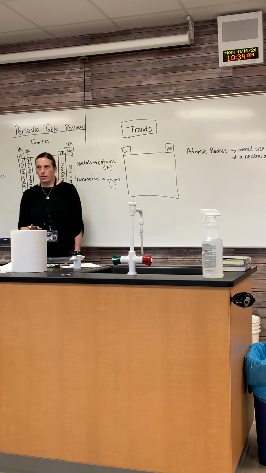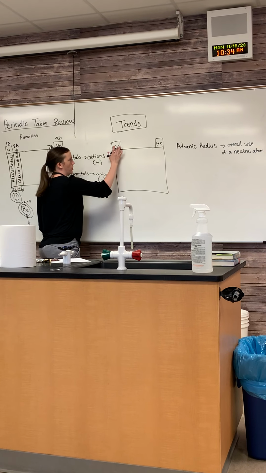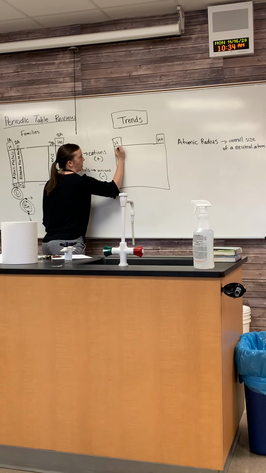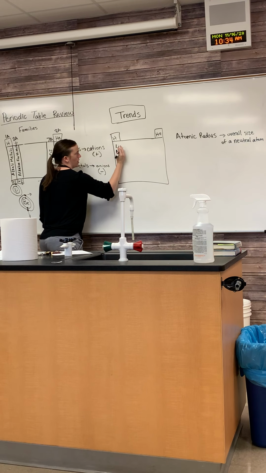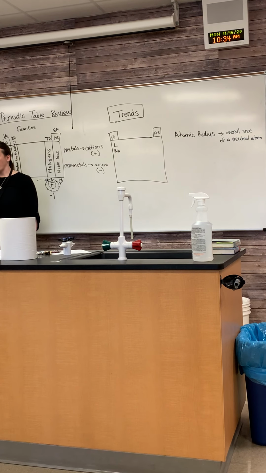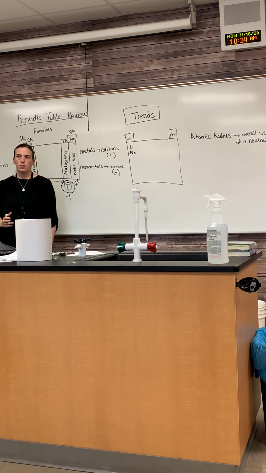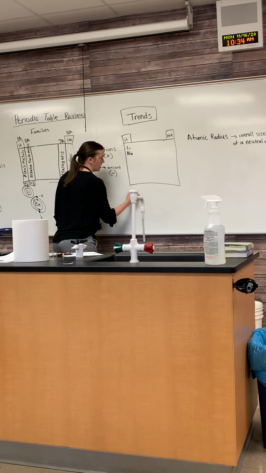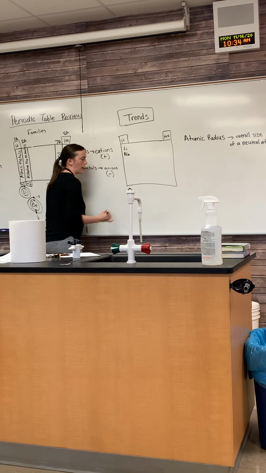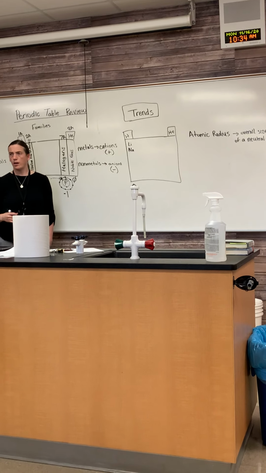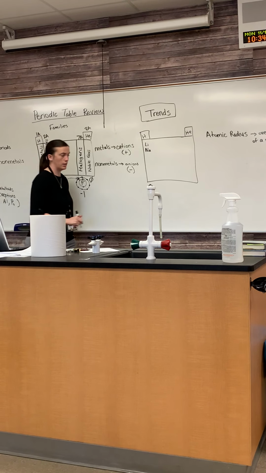When we're looking at the periodic table, here we have hydrogen, then lithium, then sodium, and on down the list for the alkali metals. Every time we go down the list, hydrogen has one electron in the first orbital, that's it.